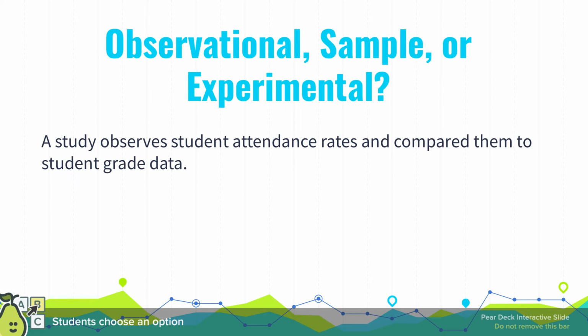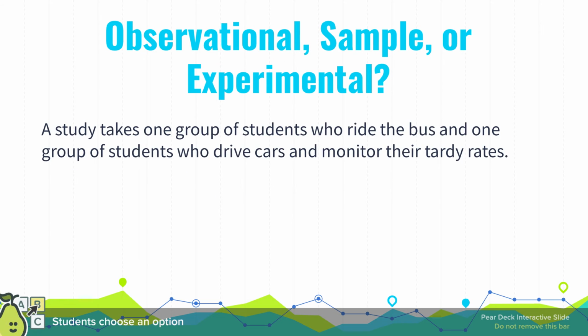A study observes student attendance rates and compares them to student grade data. This is considered observational, again, because we're just observing and recording results just by looking at some data.